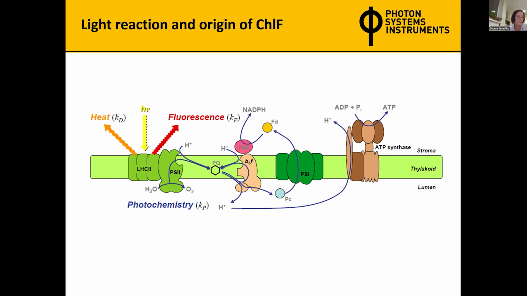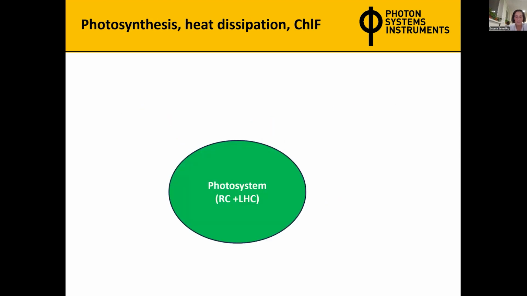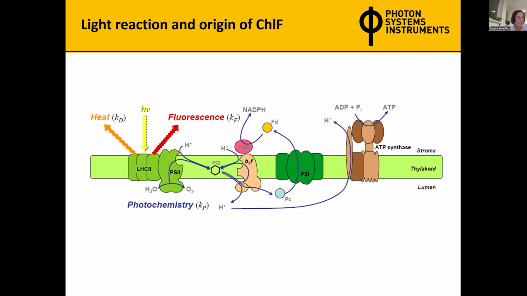The fluorescence is red. This is the arrow on the left side. By the way, most of the fluorescence that you measure in native plants originates from photosystem 2, at room temperature.